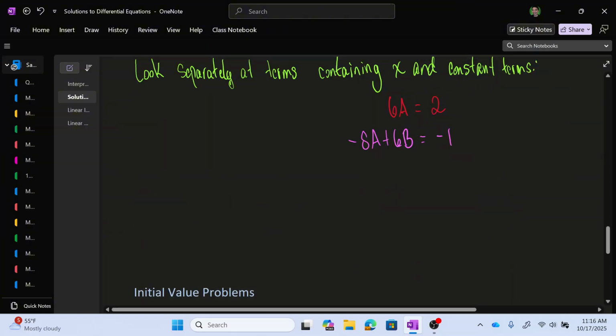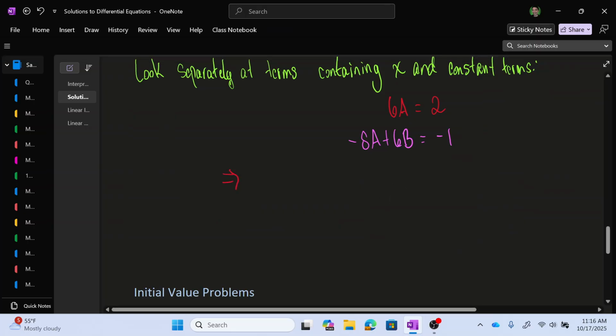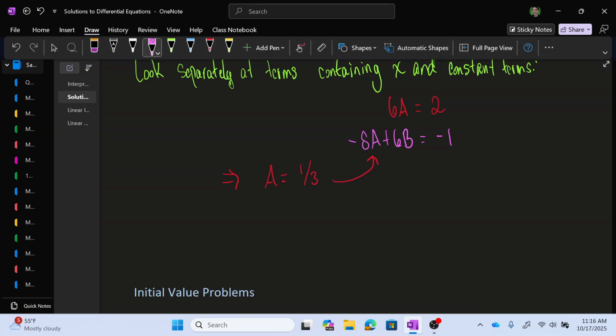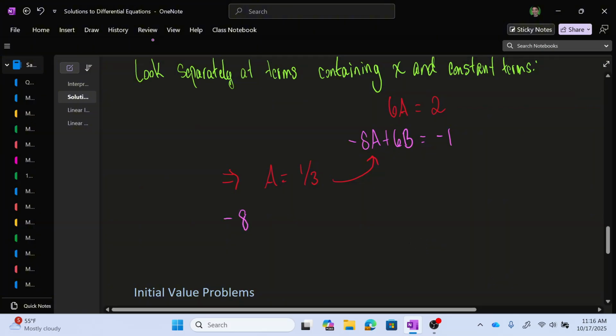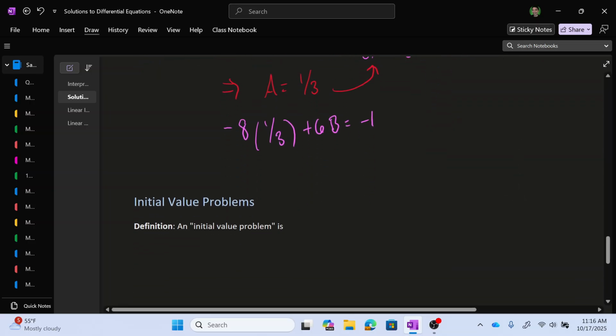So I find from that first equation, pretty much right away, that a must be equal to 1/3, from 2 divided by 6. So plug that into the second equation, and I find that negative 8 times 1/3 plus 6b must equal negative 1.